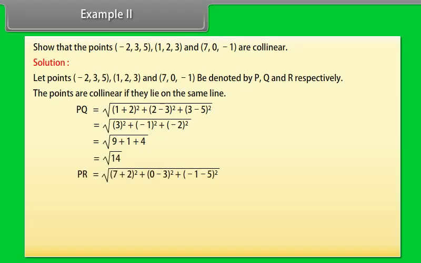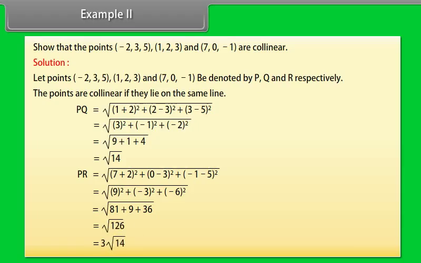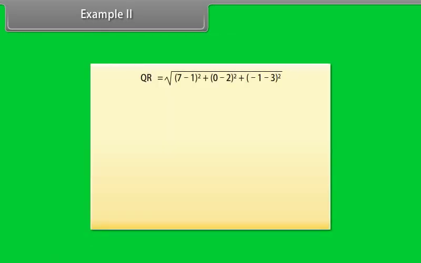PR is equal to square root of 7 plus 2 square plus 0 minus 3 square plus -1 minus 5 square. After calculating PR, we get 3 into square root of 14. QR is equal to square root of 7 minus 1 square plus 0 minus 2 square plus -1 minus 3 square.